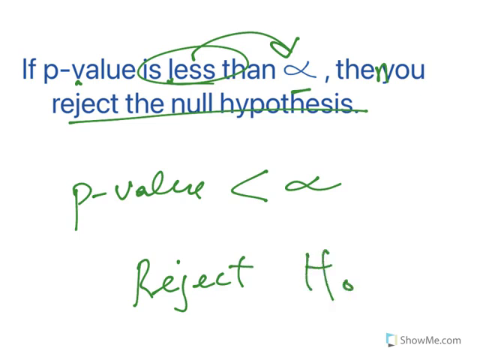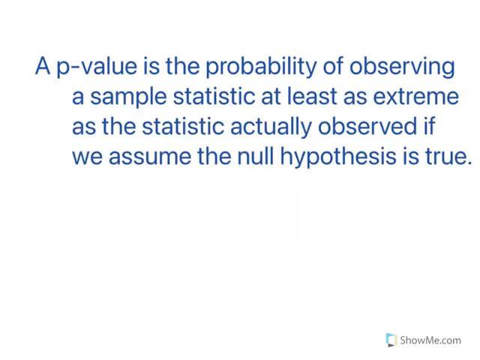So you calculate your p-value. If you need to find that, different video. Calculate your p-value, and you compare it to alpha, and then you go on from there. If your p-value is greater than alpha, then you do not reject your null hypothesis.